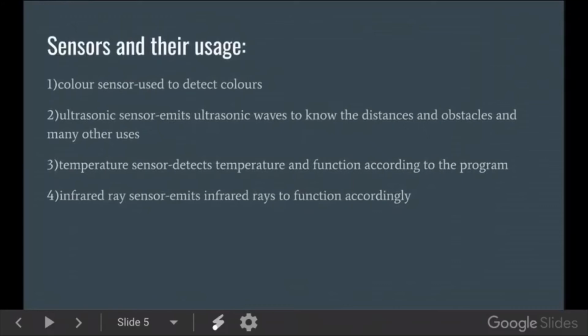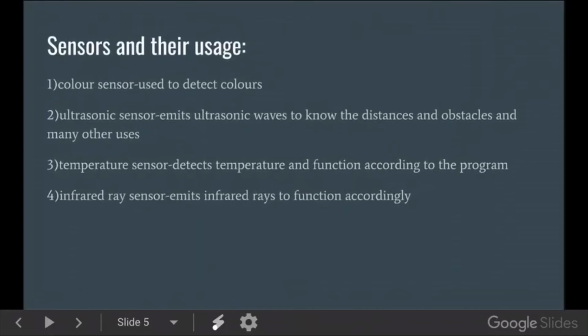I'm taking the example of a set-top box, or even a TV actually. The set-top box is connected to the TV, and there is a change of channel setting or something else. That is the use of the infrared ray sensor, where it converts the infrared rays into electrical signals and sends them to the TV, and the TV settings change according to what we pressed on the remote.